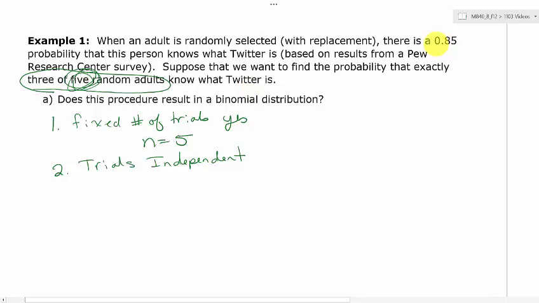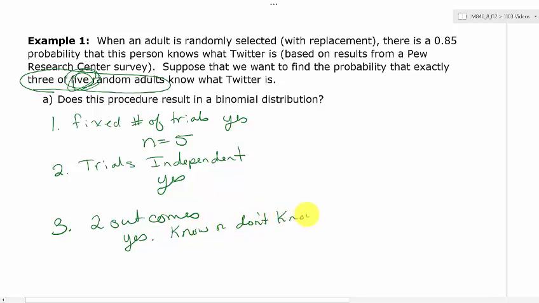And the second person is going to be 0.85 because we're replacing these people. The third condition is that you can only have 2 outcomes. And this is also true. They either know or don't know what Twitter is.